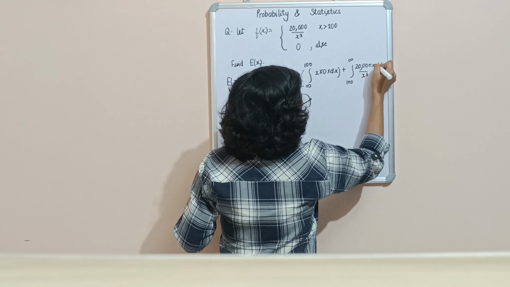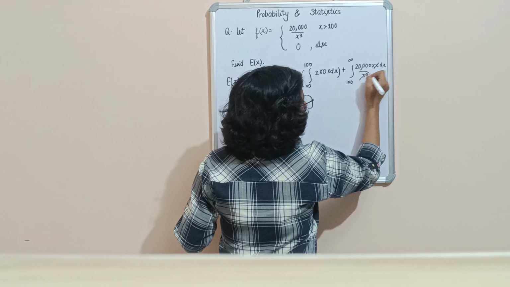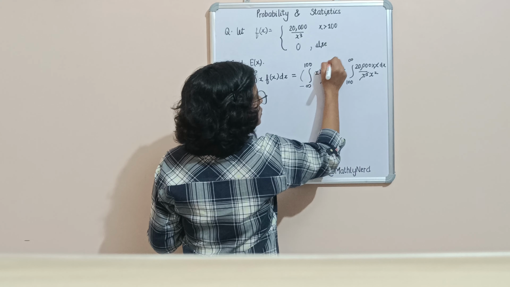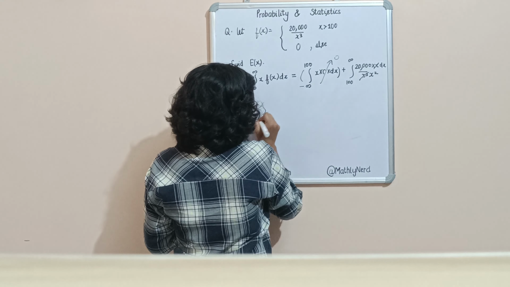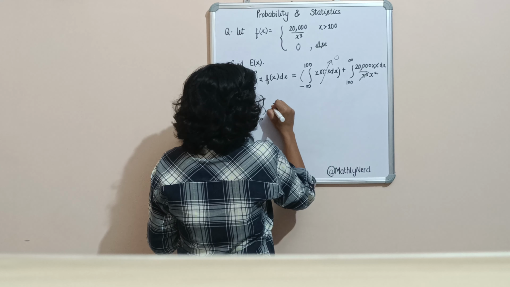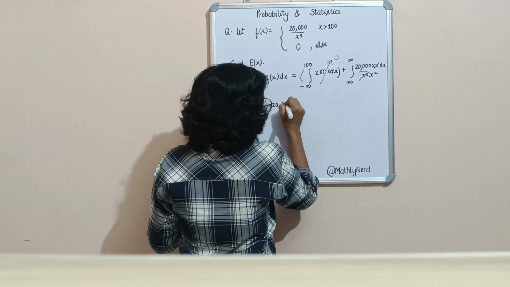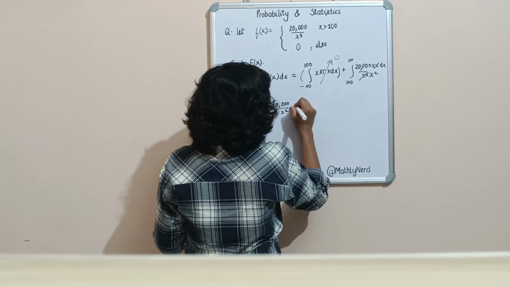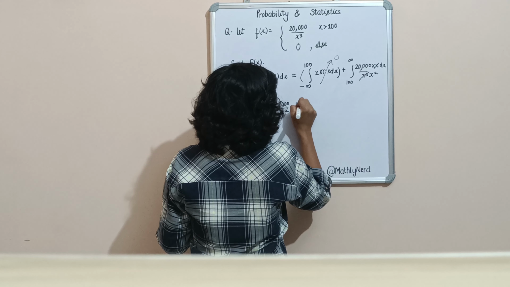If we multiply this, this equals 0 plus integration from 100 to infinity of 20,000 by x square dx.